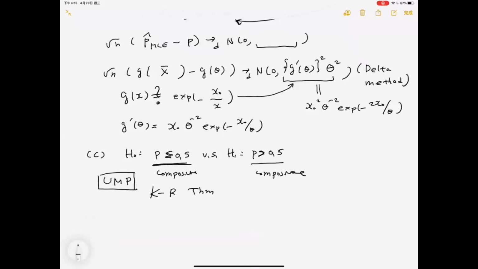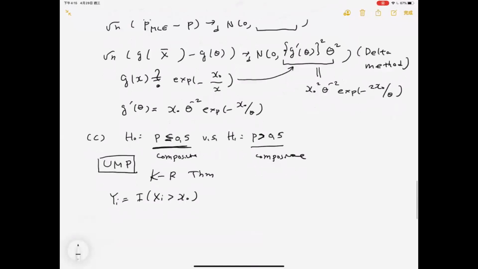Okay, and Y basically is Y1 to Yn, where Yi is defined as the indicator that Xi is bigger than x0. I'm using Yi to do inference on p. So based on pattern recognition, you are thinking about the Karlin-Rubin theorem, using Y1 to Yn to do inference.